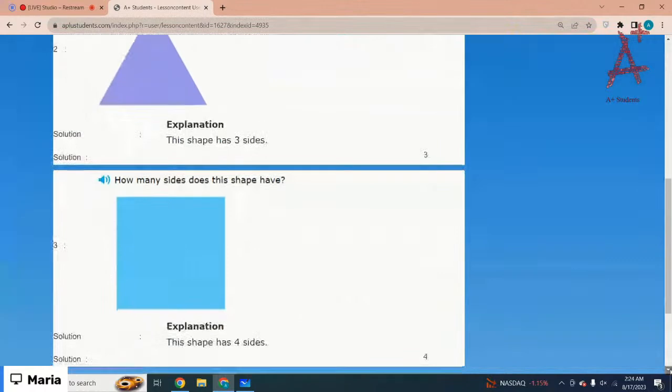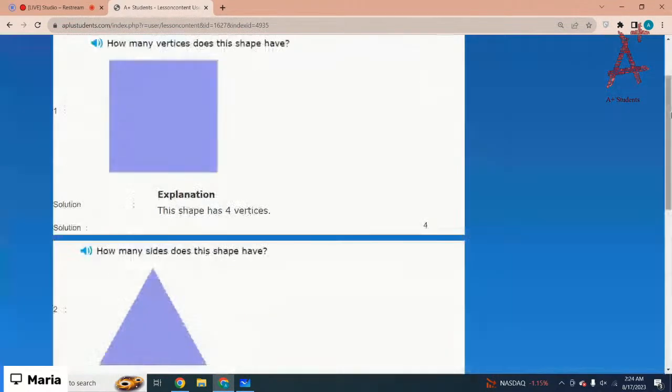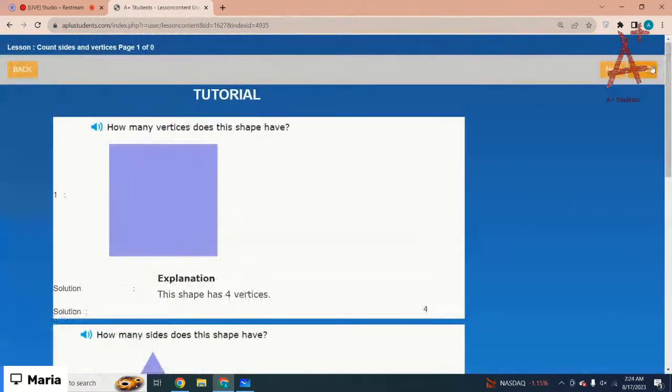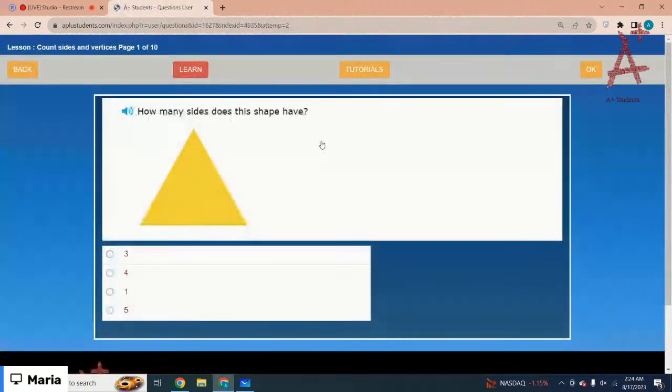How many sides does this shape have? Which is the correct option? This shape has four sides. Let's just start with the practice questions. How many sides does this shape have? 3, 4, 1, 5.